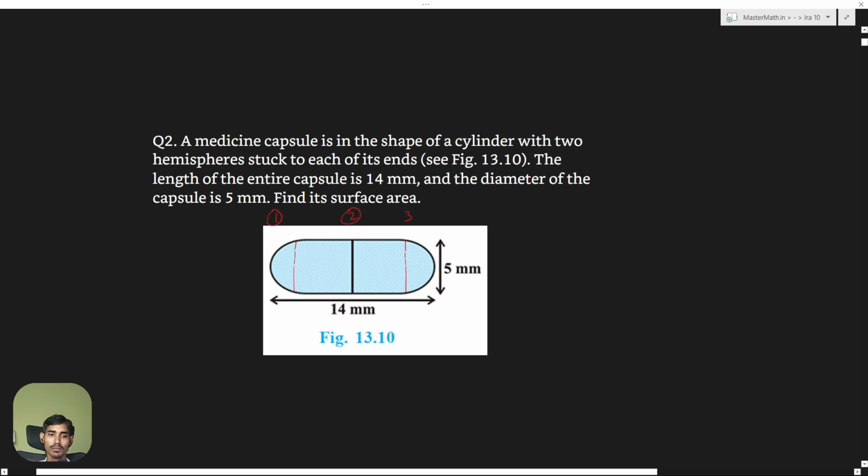Your screen went black. Sorry. The share screen, okay, it went black. I'm just sharing again. Let me refresh once. It's not working.